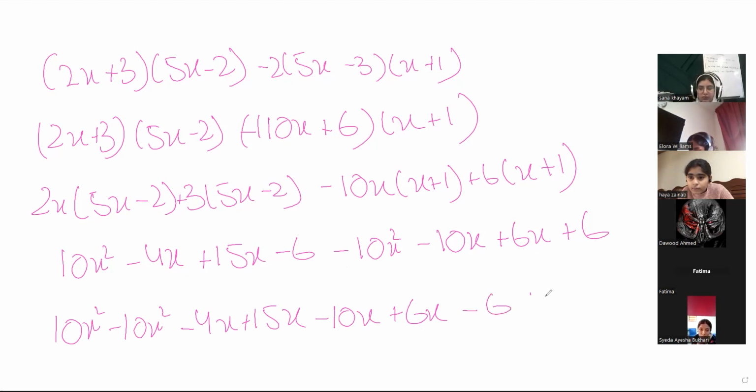Minus 6 plus 6, so these two got cancelled out and these two got cancelled out as well. So 15x plus 6x gives you 21x. 21x minus 14x gives you what? It gives you 7x, right? So 7x is the answer.